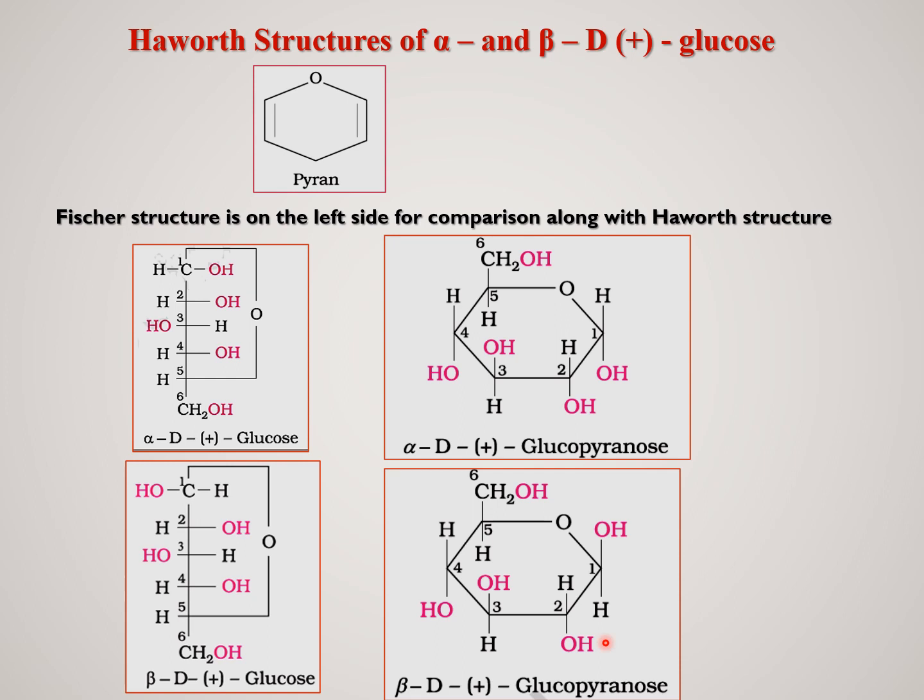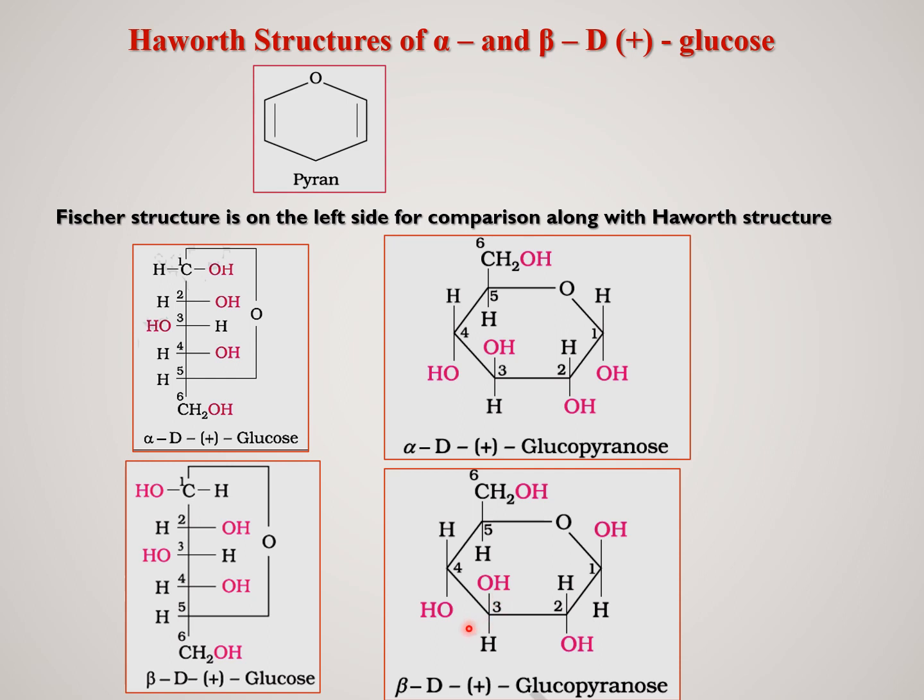Draw the hexagon with oxygen at the top right hand corner and show bonds at every carbon atom. Once you have shown bonds at every carbon atom, the pattern for beta is up, down, up, down. What was the alpha, children? It was down, down, up, down. Now how do you have it for beta? The beta will be up, down, up, down.